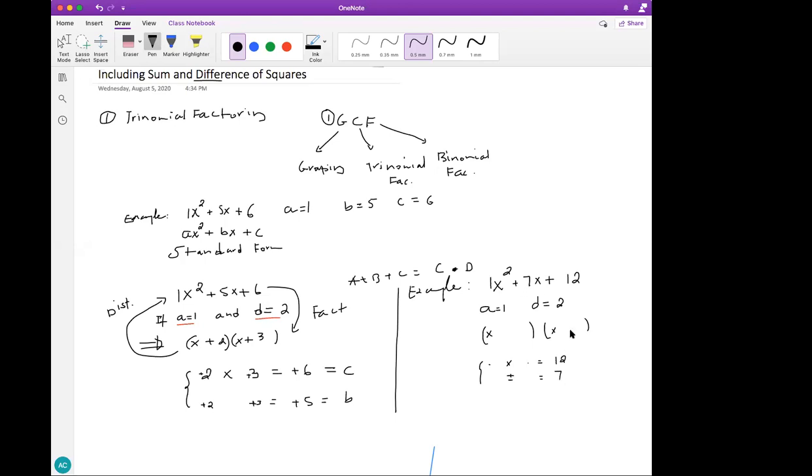Positive 7. So you find two numbers that multiply to this number. Same numbers used here. When you add them, you should get this number here, positive 7. Exactly like we did here. So two numbers that multiply to 6 and add up to 5. So what numbers multiply to 12 and add up to 7?